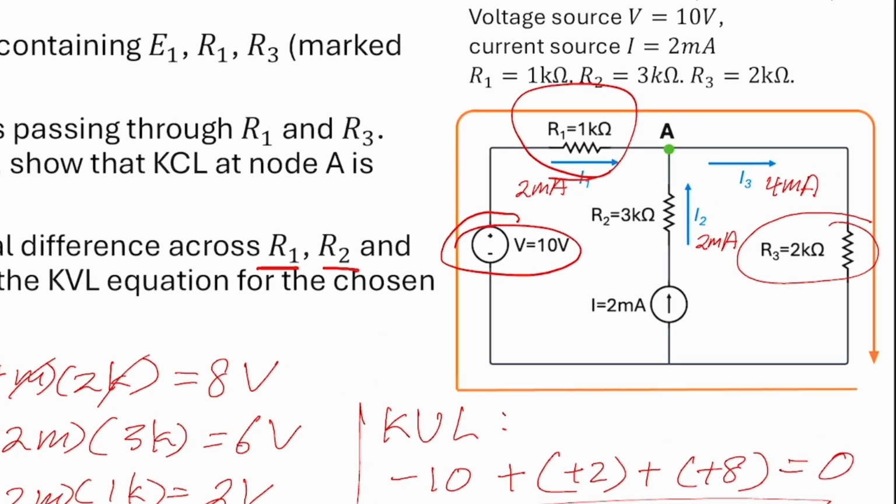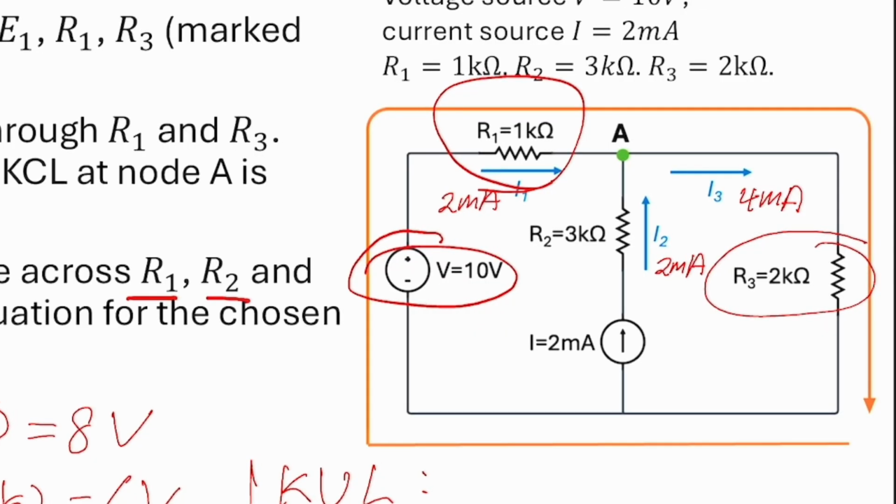We can also say that because the potential drop across R1 is 2 volts, the absolute potential at point A or node A is equal to 10 minus 2. This is 8 volt. And if this is 0 volt, and the voltage across R2 is 6 volt, so this is 6 volt. It means now the voltage across the current source is 2 volts.